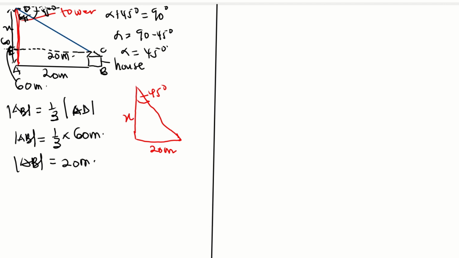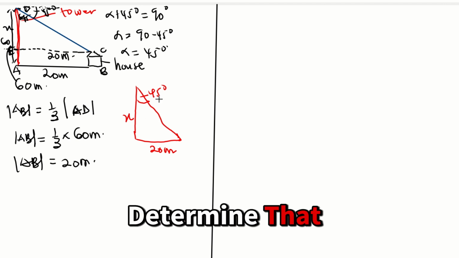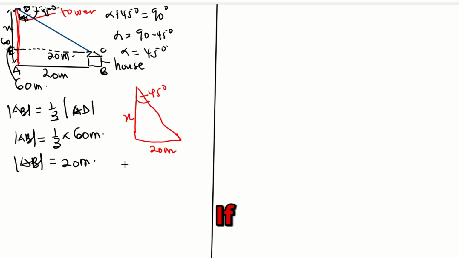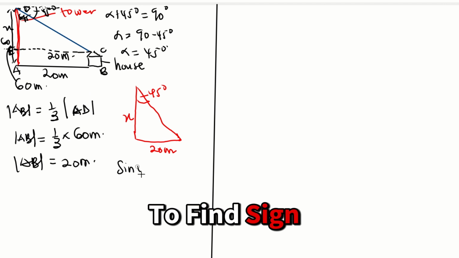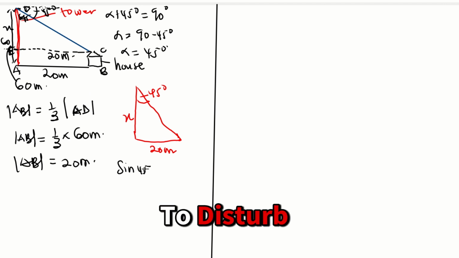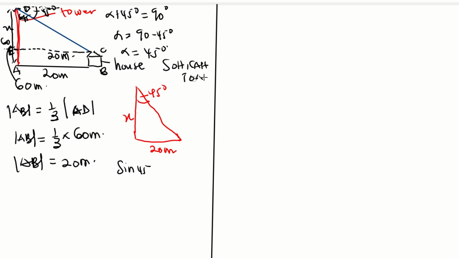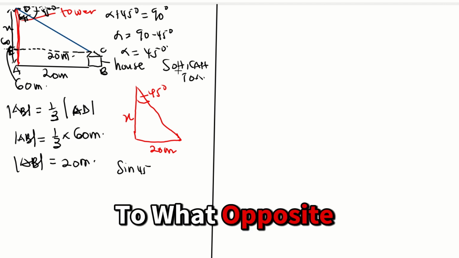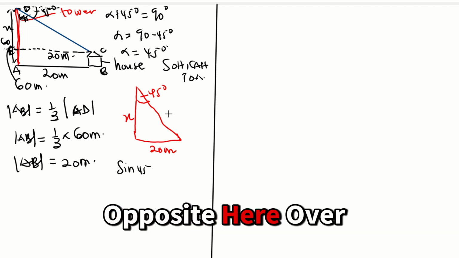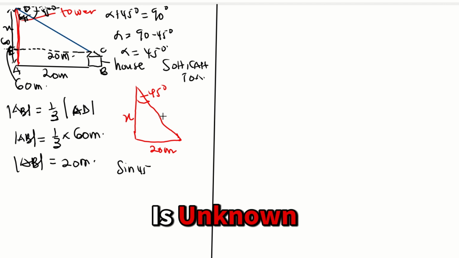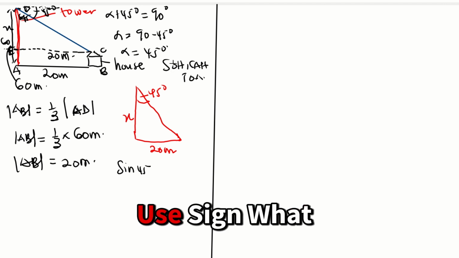How do you determine that? Assuming we want to use sine 45, from our SOHCAHTOA, sine is equal to opposite over hypotenuse. Opposite here over the hypotenuse, which is unknown. So we don't use sine.